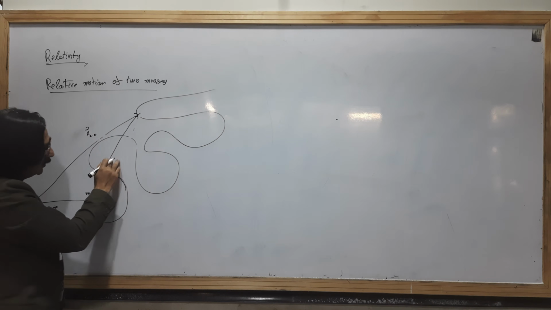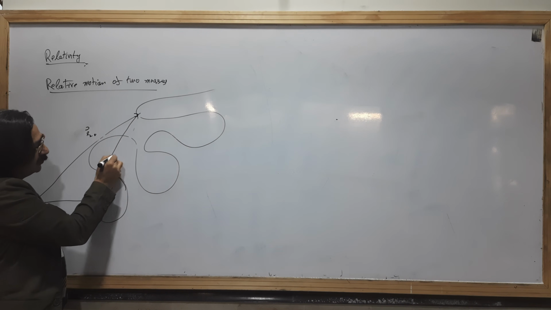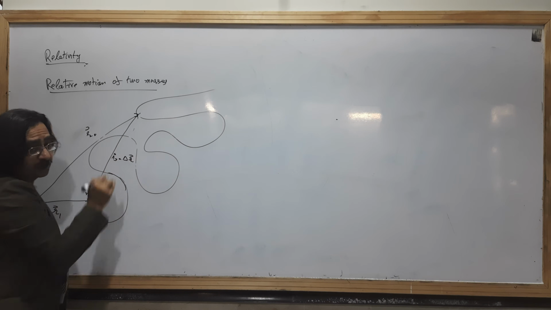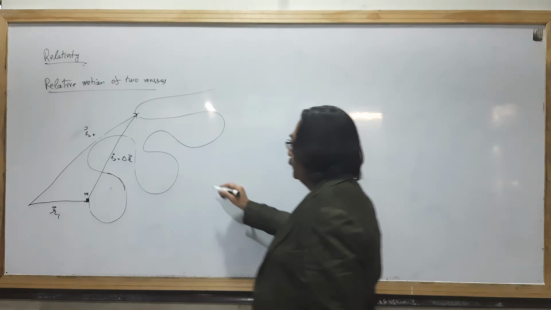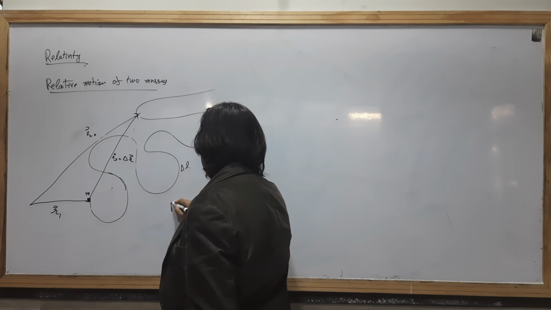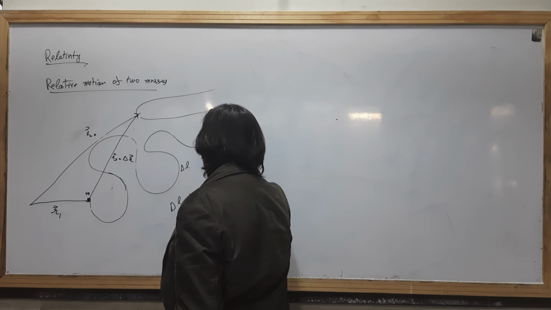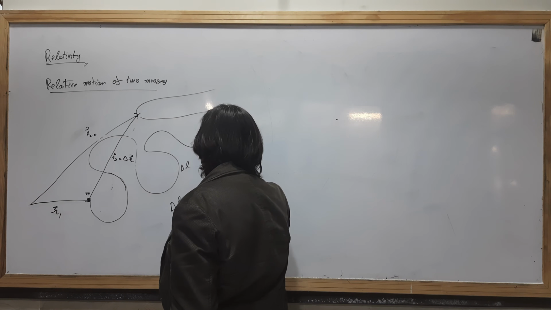I have already explained, if you consider R3, it will be equal to the delta R. Because this delta L is not equal to delta R.